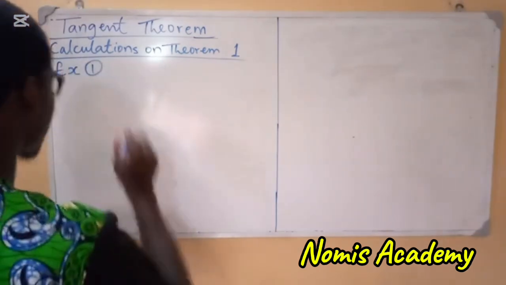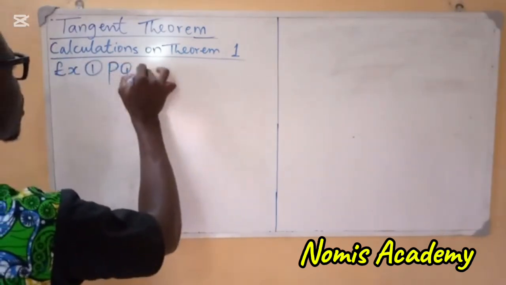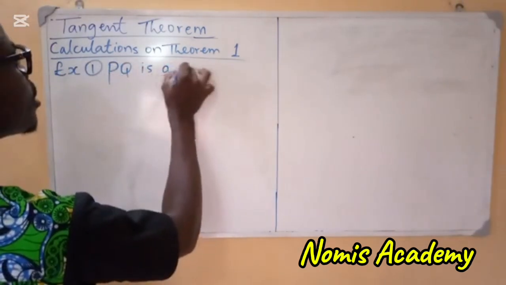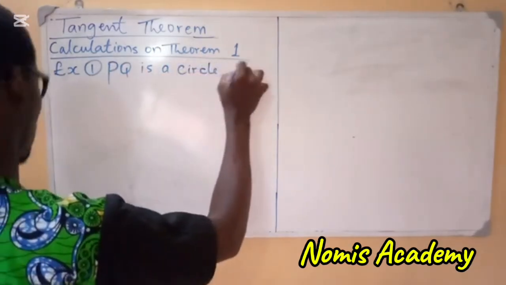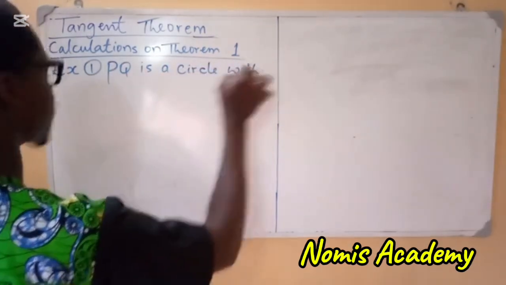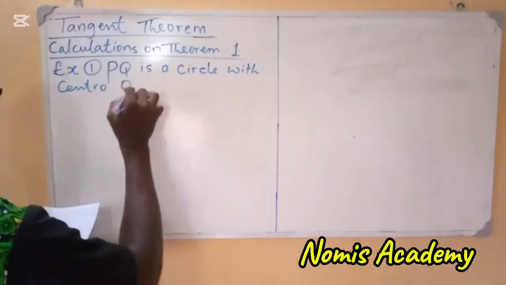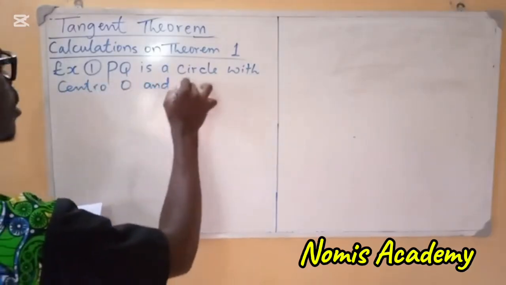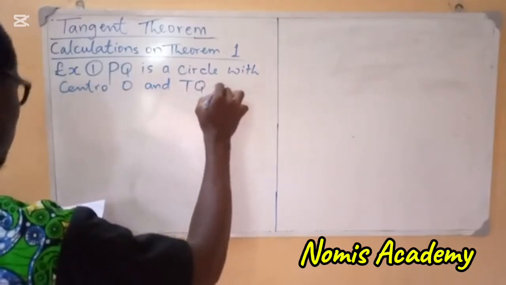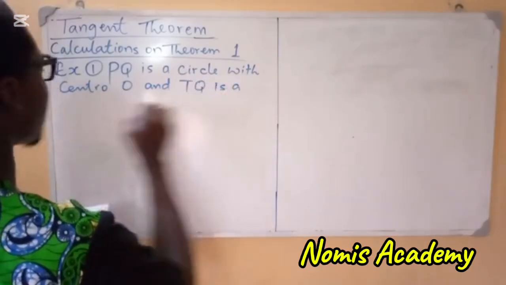Example 1 says PQ is a circle with center O, and TQ is a tangent.